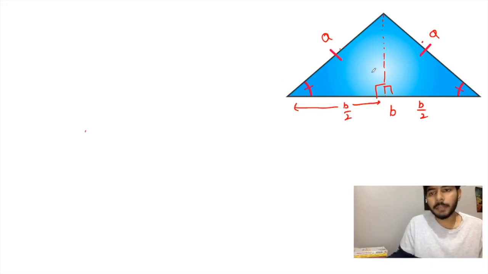And again, using the Pythagoras theorem, you can find this. If I am naming this A, B, C, and this is O, then you can write this AO. To find it, hypotenuse square, that means here A square, is equal to base square, that means B square upon 4, plus AO square, which is the height of this triangle.